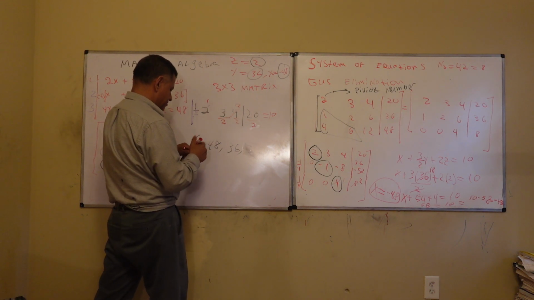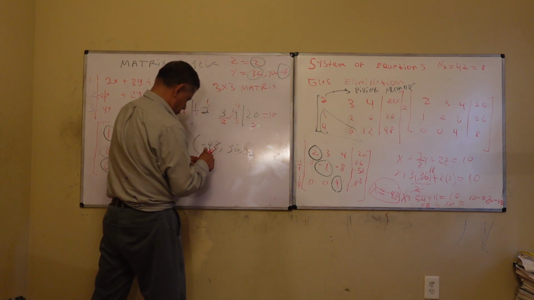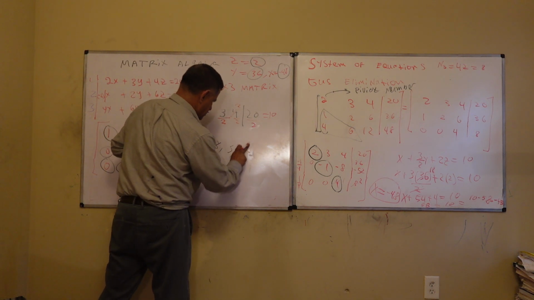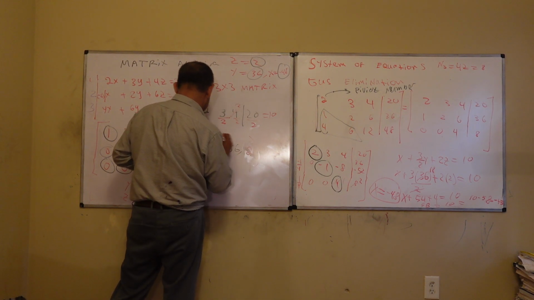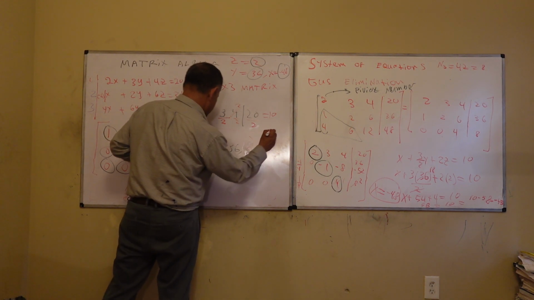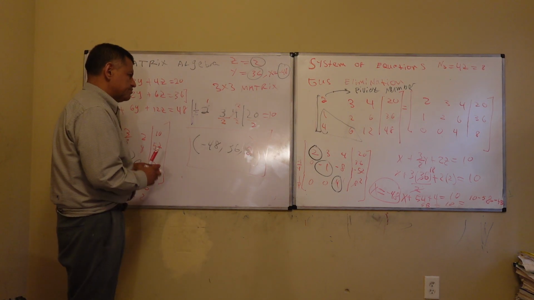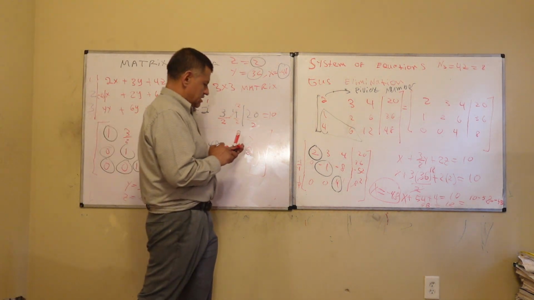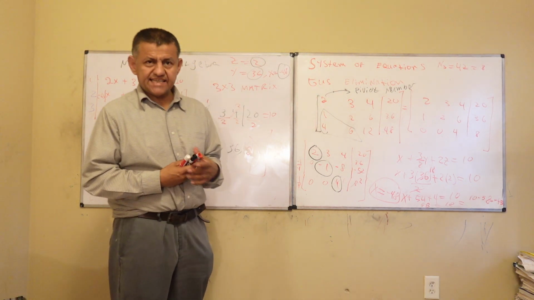Right? So that is the final answer. And we prove it by using both methods, the row echelon and the Gaussian elimination method.